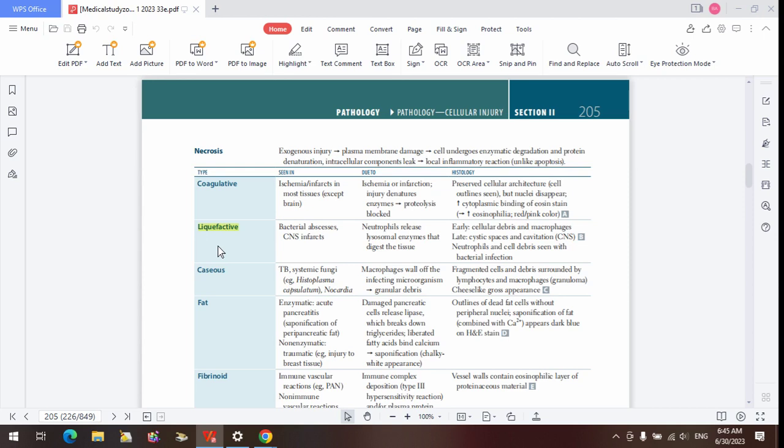They digest the solid tissue that they are invading, and they liquefy it. So later you are going to have a space, a cavity, containing living and dead neutrophils and the cellular debris, that is, the tissue that you have degraded, as well as the dead microbes.